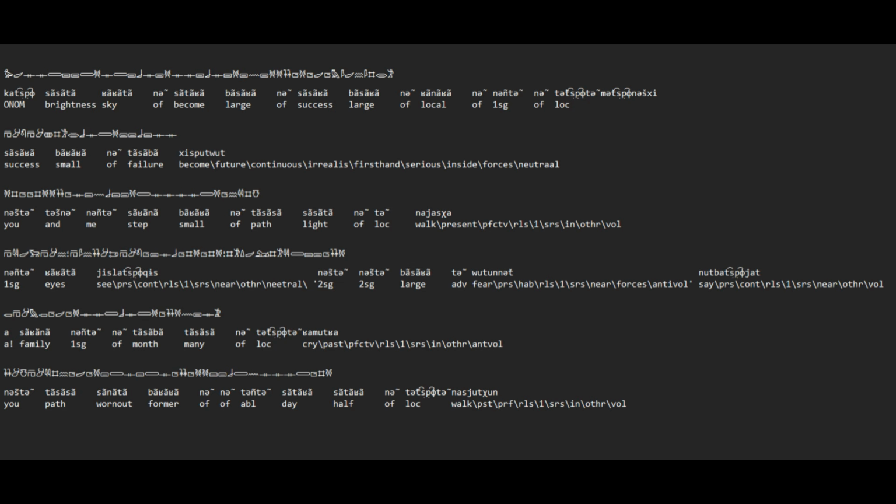Nanta, rachata, basara. Sarana, nanta, na, tasaba, tasasa, na, tatfla, ramutra, nasta, tasasa, sanata, barara, na, tanta, satara, na, tatfla.